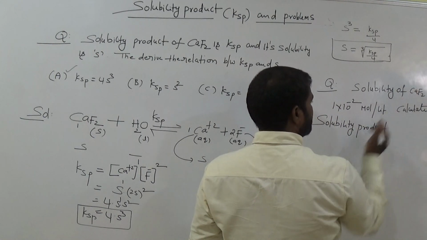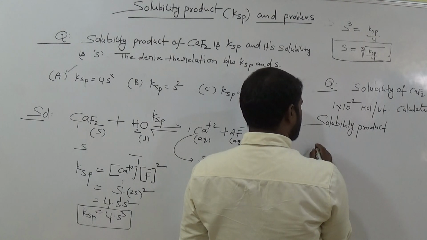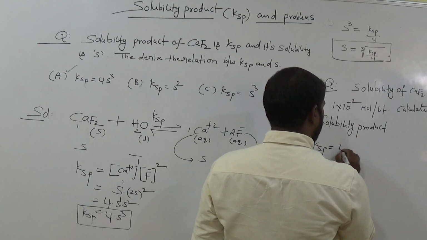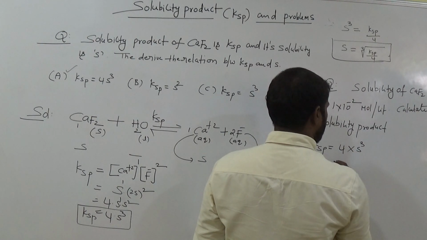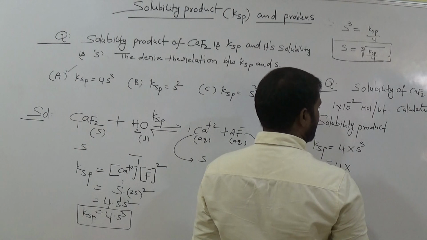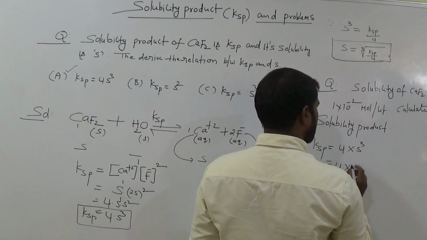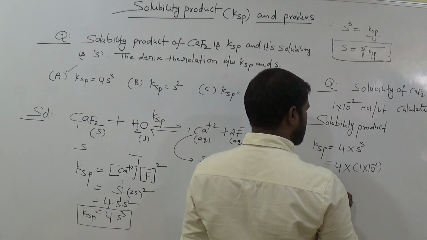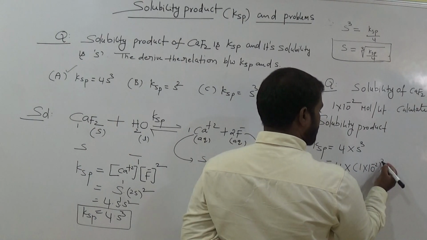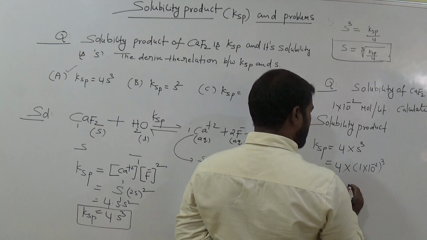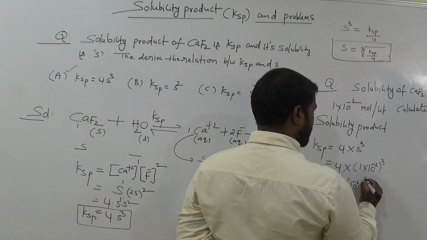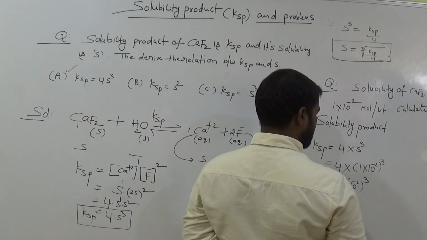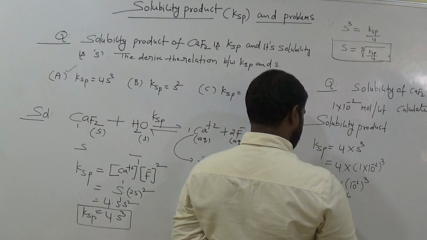So what is the relation in case of CaF2? Solubility product Ksp is equal to 4 into S cube, am I right? 4 into, what is the given value of solubility S? That is 1 into 10 power minus 2. That is equal to 4 into whole cube. 1 cube means 1, 10 power minus 2 whole cube means how much? 4 into 10 power minus 6. Is it clear, all of you? So this is Ksp.